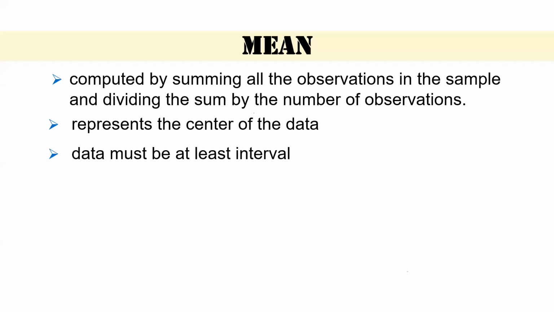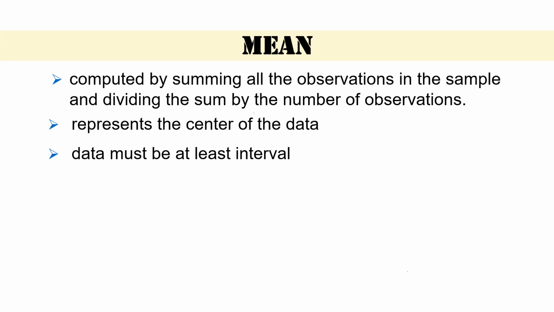However, for you to do this, we have 4 levels of measurement. We have nominal, ordinal, interval, and ratio, yesterday, remember? For you to determine the mean, your data must be at least interval.